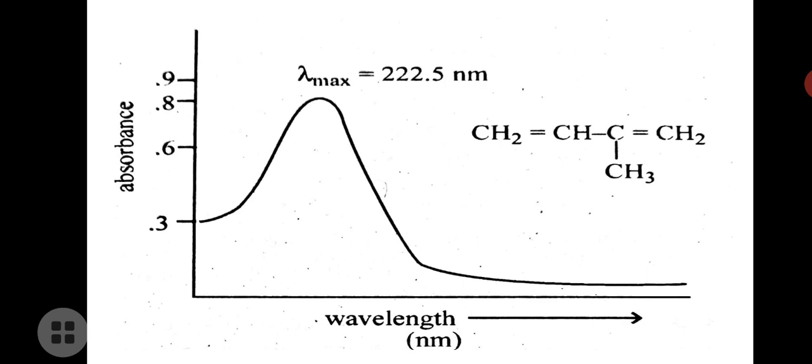So you can see this is the ultraviolet spectrum of isoprene. Here the graph is plotted between absorbance and wavelength, and you can see in the figure lambda max is shown 222.5 nm and a broad band is observed at 210 to 240 nm. And the value of molar absorptivity is 10,800 for isoprene.